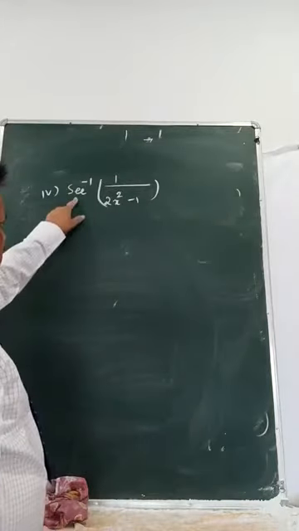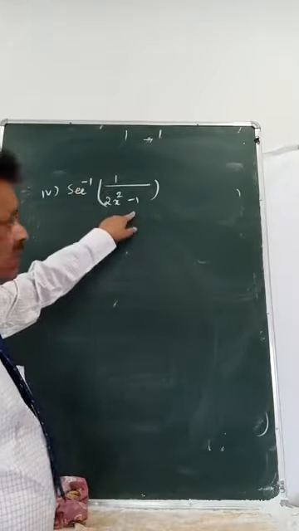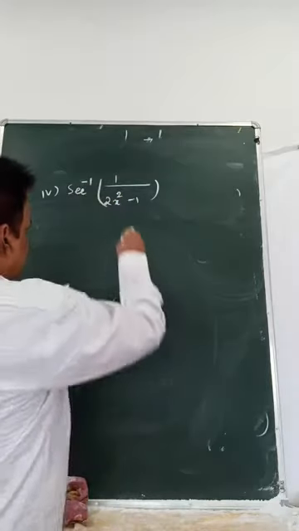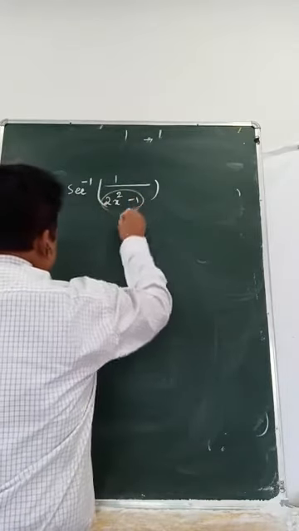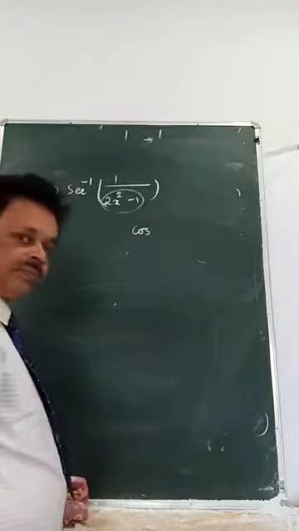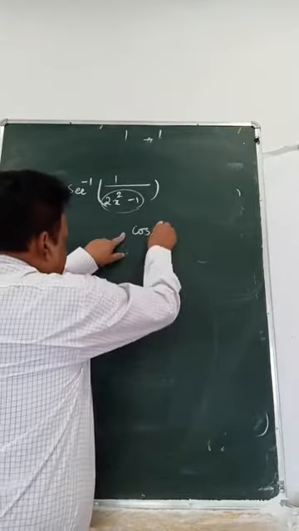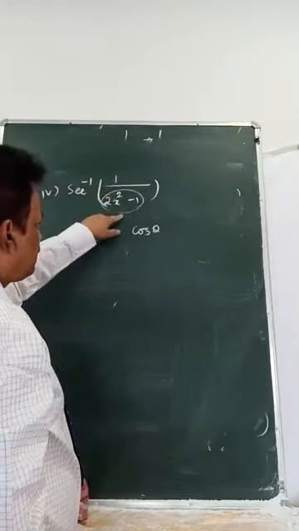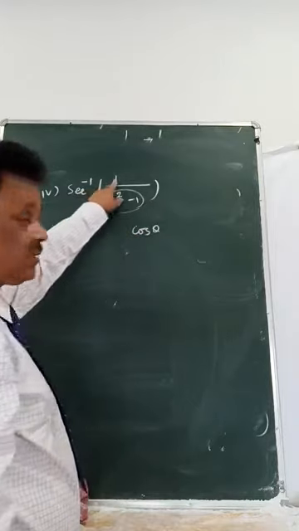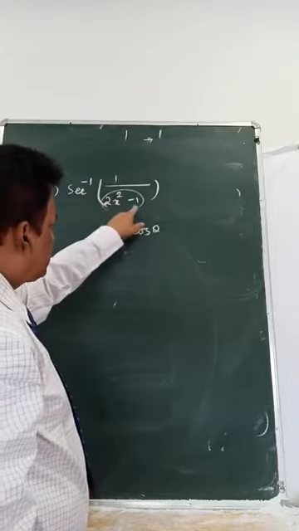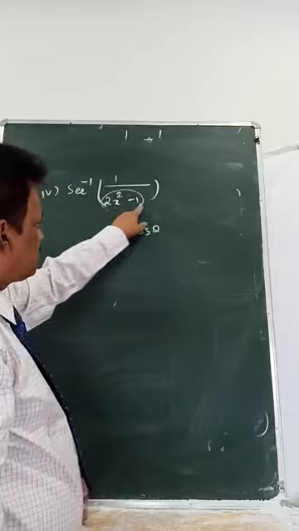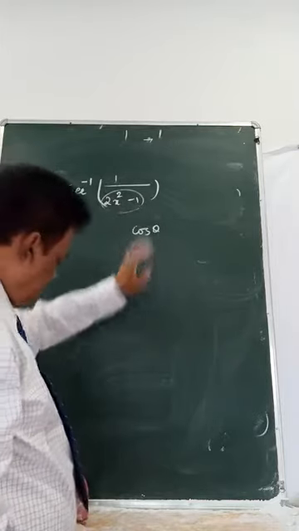If it is sec inverse, we have to make it sec, but it is in the reciprocal form. That means if this part becomes cos theta, then 1 by cos theta will be sec theta, and it will get cancelled. So you have to make this one as cos.